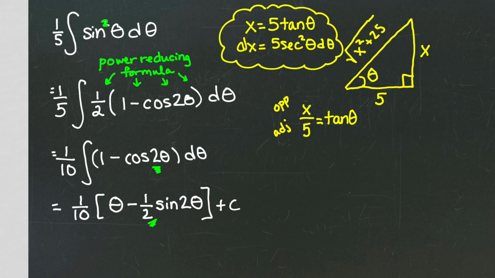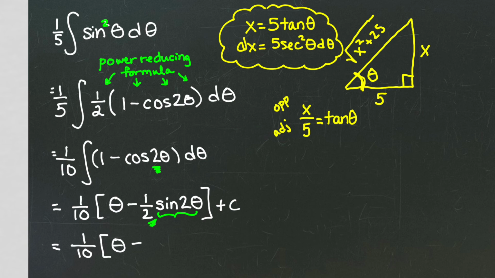Now, if I go and try to find the sine of 2 theta, well, now I'm in trouble because I have just the angle theta. And in order to use this beautiful right triangle that we know and understand, I have to do one more conversion. I'm going to rewrite sine 2 theta, because this is a double angle, using the double angle formula.